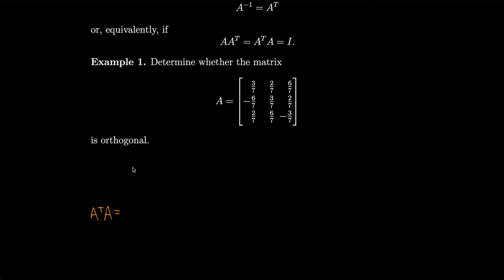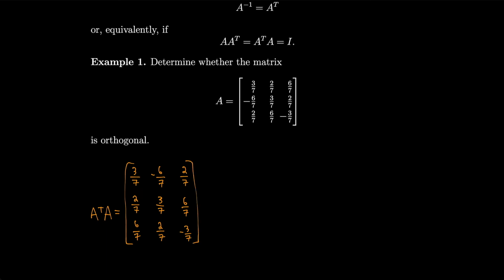So we get 3/7, 2/7, 6/7, and then minus 6/7, 3/7, 2/7, and then 2/7, 6/7, and minus 3/7.